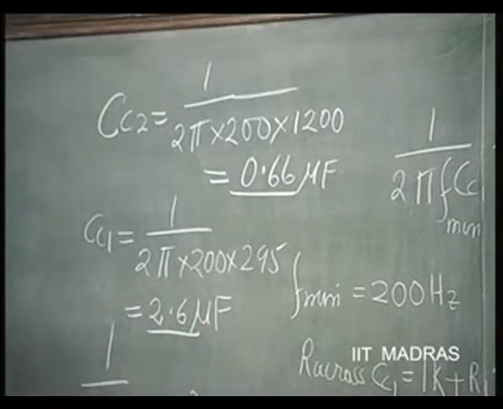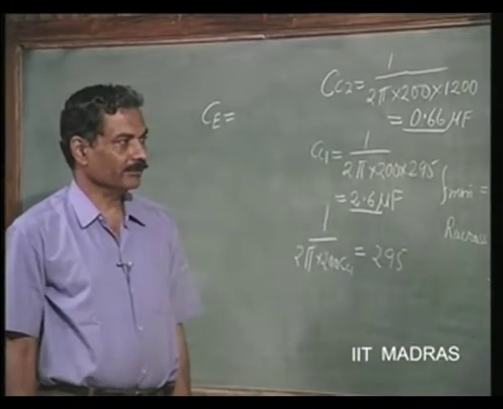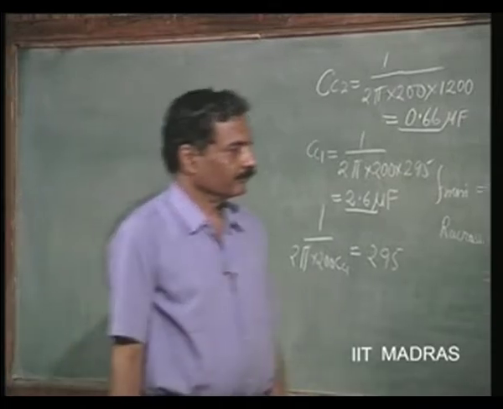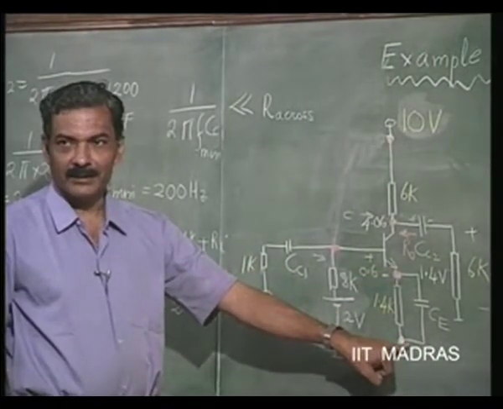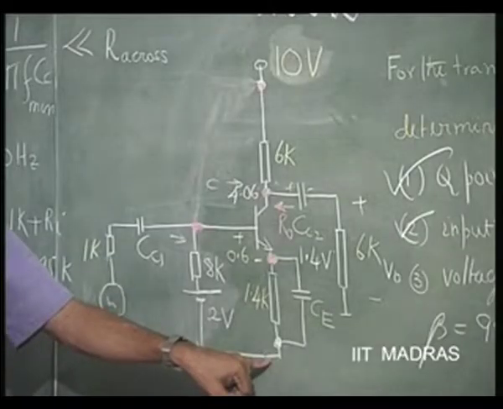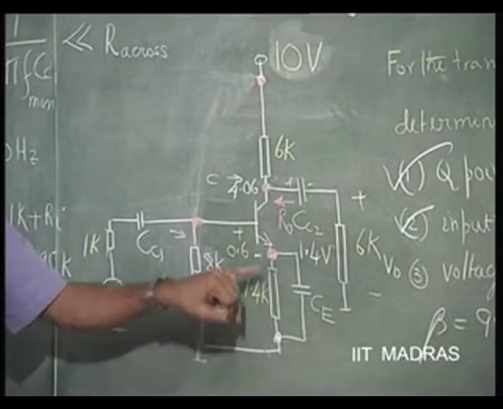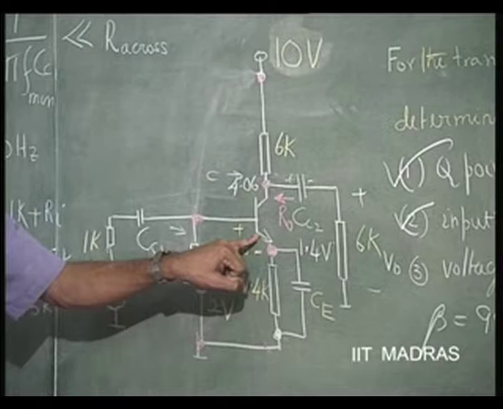Finally, CE. Once again, I would like to see the resistance across this capacitor. This we had already done earlier. The resistance across this capacitor is 1.4 k parallel RE, which is 26 ohms.